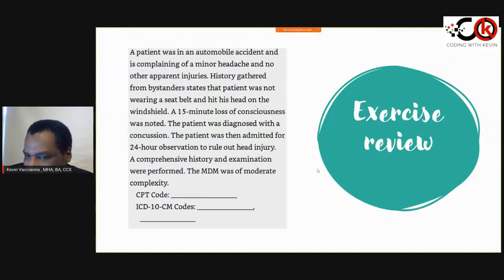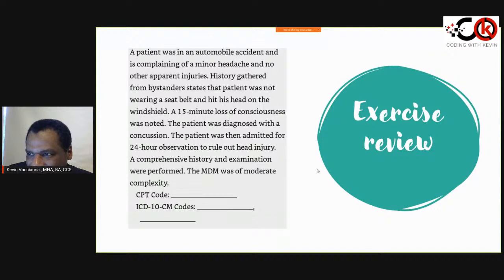Comprehensive history and exam. So the history is comprehensive, the exam is comprehensive, and the MDM is of moderate complexity. 99204. What kind of patient are they?